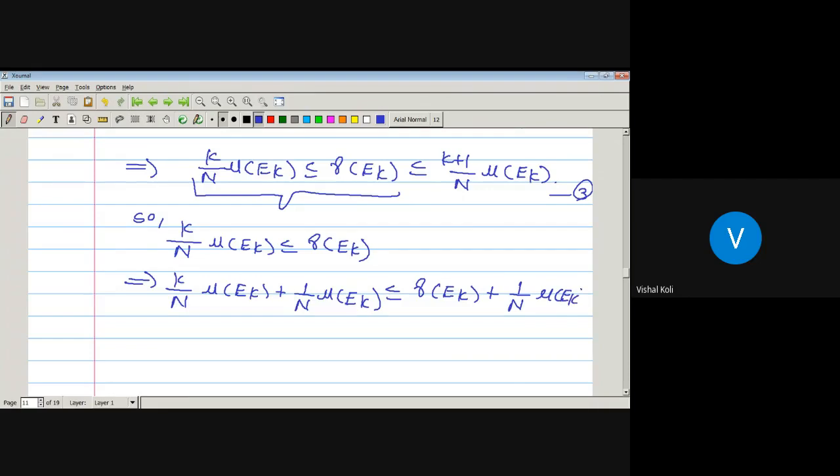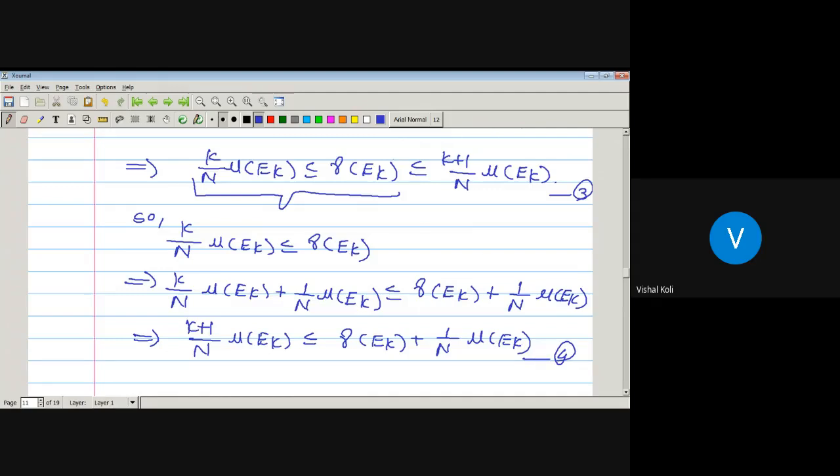This is from the first part. But as linearity holds, it is nothing but (k+1)/n measure of E_k is less than or equal to gamma of E_k plus 1/n measure of E_k. Similarly, from the second part, take this one as equation 4.